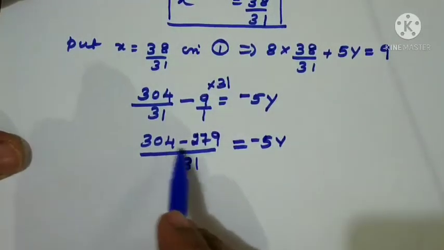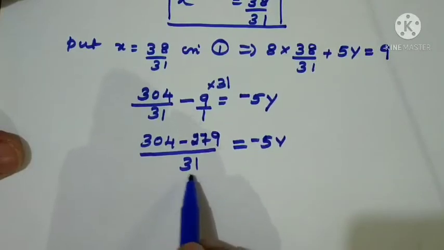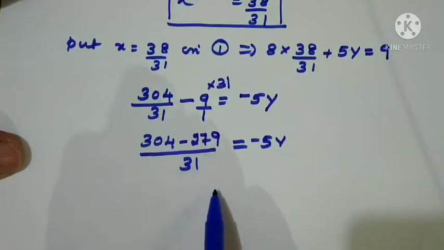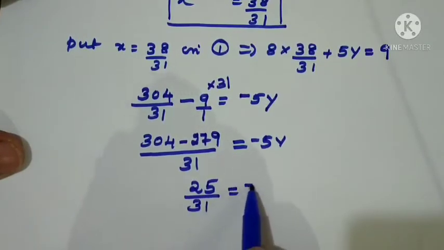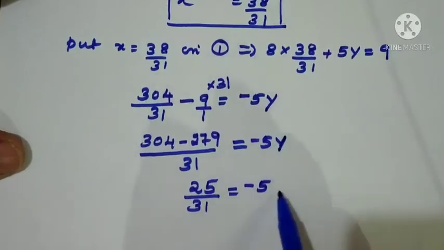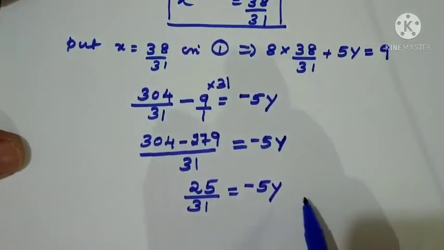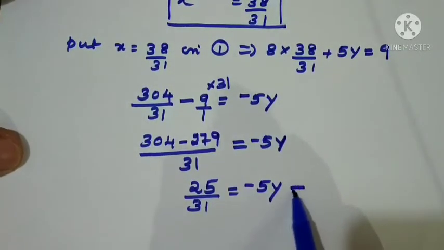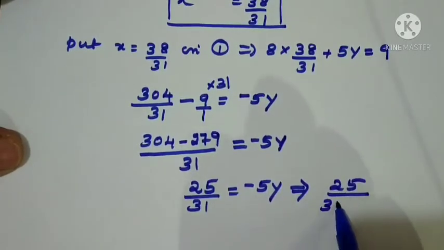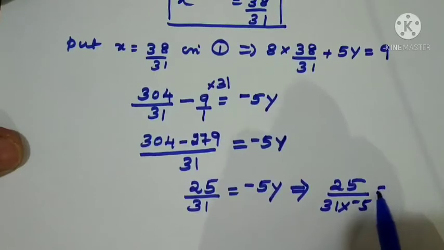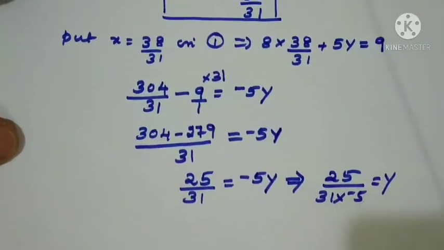So what is the difference here? 304 and 279, it is 25 by 31 equal to minus 5y. Now what should we do to calculate y only? So implies 25 by 31 into minus 5 equal to y only. So what is y now?